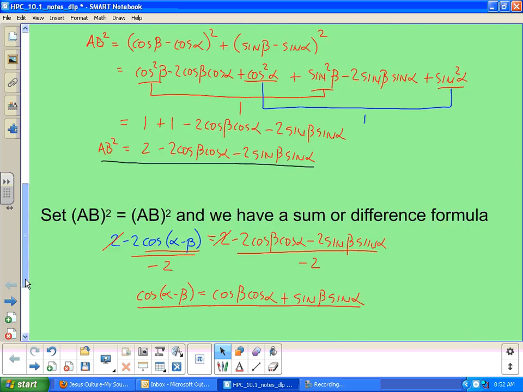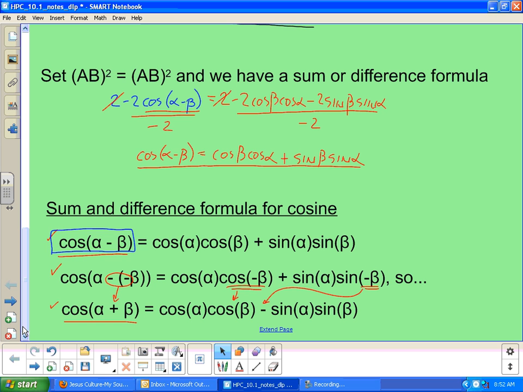Notice that cosines begin with cosine, cosine, and then they end with sine and sine. And so that's a little mnemonic way of remembering this. Cosines are going to be cosine, cosine, sine, sine, and then they are opposites. So the cosine of the difference of two angles results in the sum of the cosine, cosine, sine, sine.